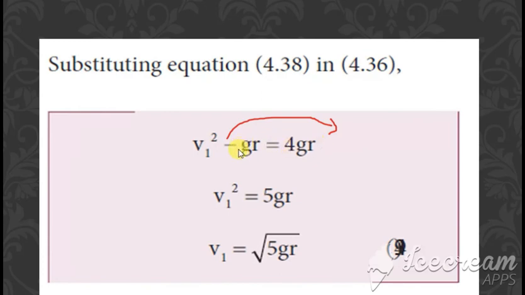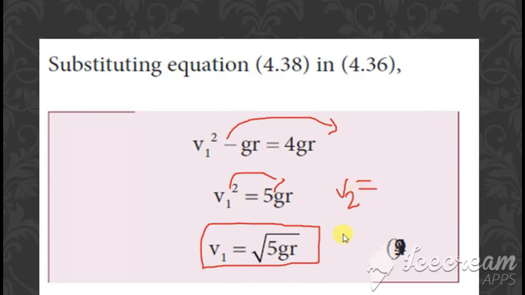So 4 plus 1 is 5gR. Bring the square to this side, so we get v1 is equal to root of 5gR. So we have got the values of v1 and v2: v1 is equal to root of 5gR and v2 is equal to root of g into R. So these are the velocities based on the motion in a vertical circle. Clear with this? Thank you.